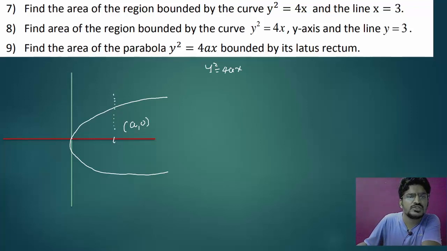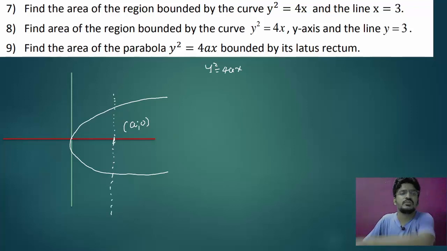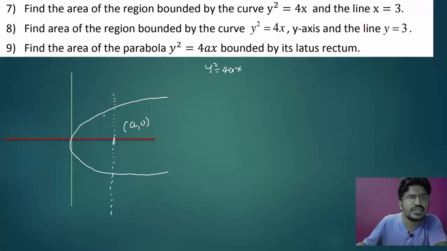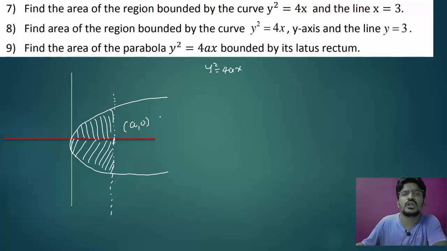Clear? So you have to calculate the area bounded by its latus rectum. This is the area bounded by the latus rectum for both sides, in the first quadrant as well as in the 4th quadrant.